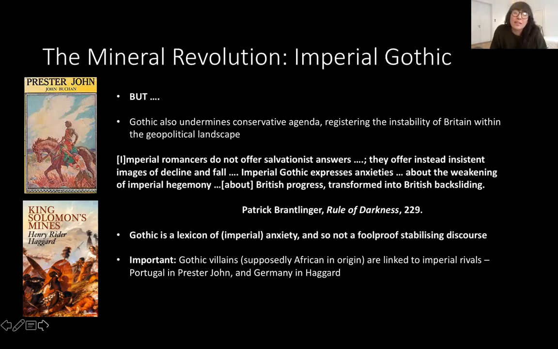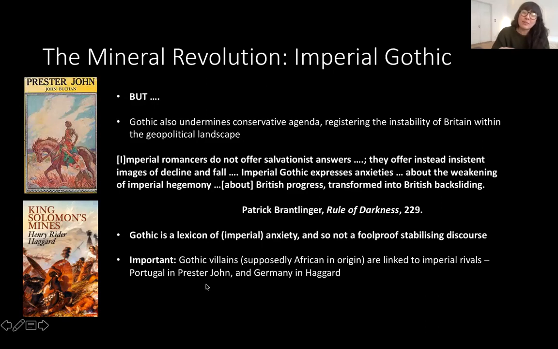If you're trying to stabilize yourself by conjuring up images of your own anxiety and then expelling them, there are still images of your anxiety. This is the kind of thinking here. Something which is rooted in anxiety is going to be difficult to use as a stabilizing, securing mechanism.